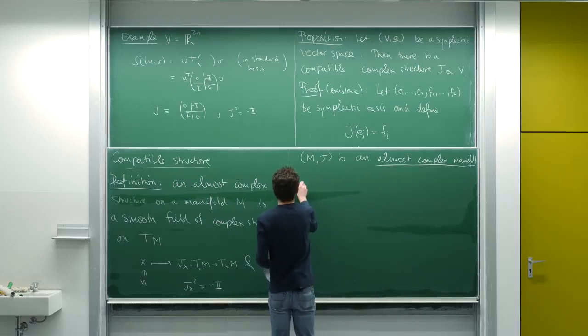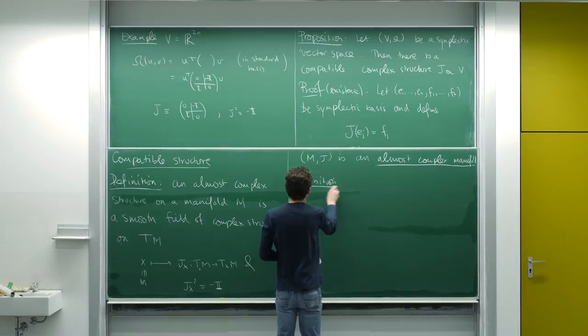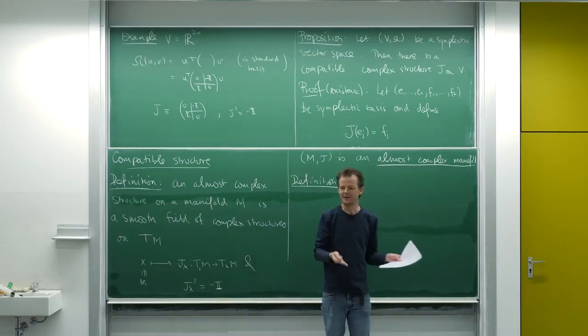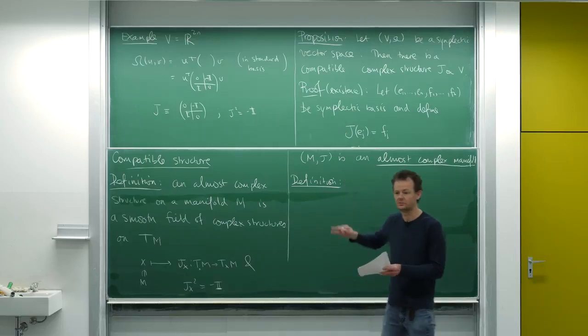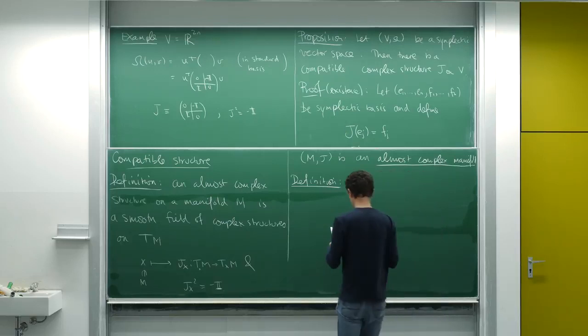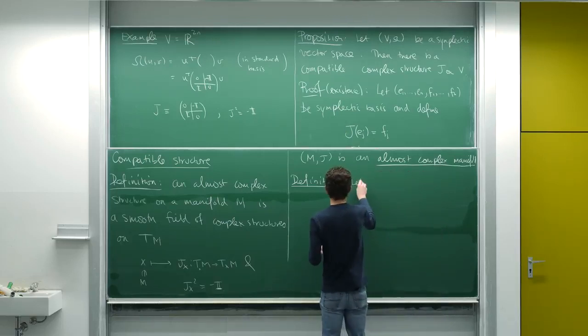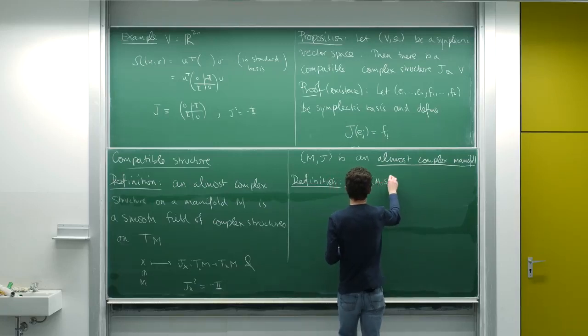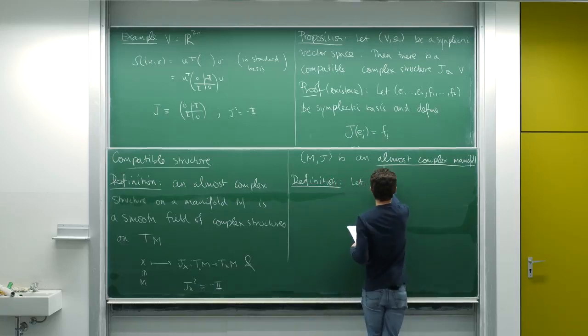Now, just as for vector spaces, we had this notion that a complex structure could be compatible with a symplectic structure, we can extend exactly that notion to manifolds. So suppose we have a symplectic manifold.